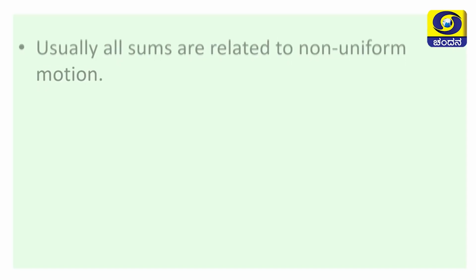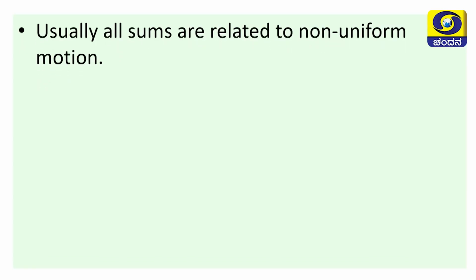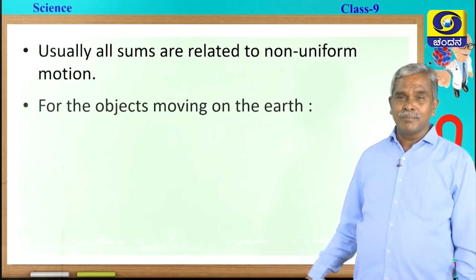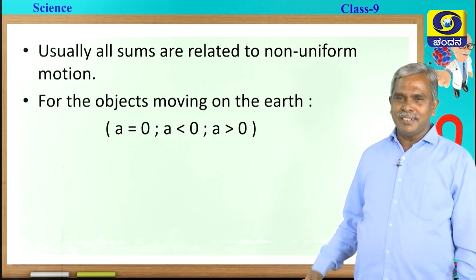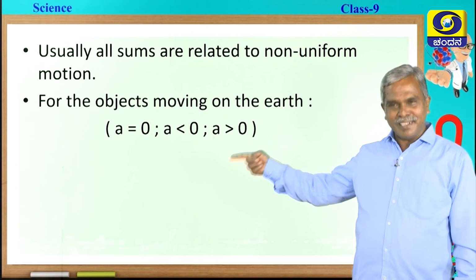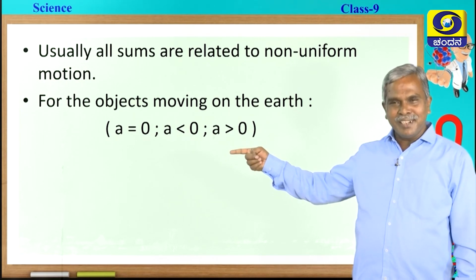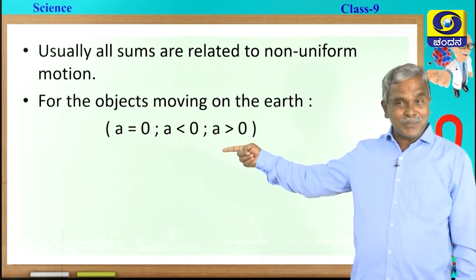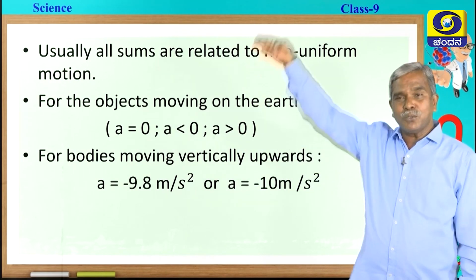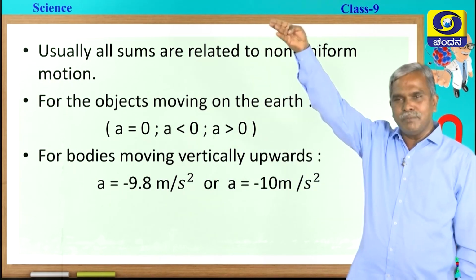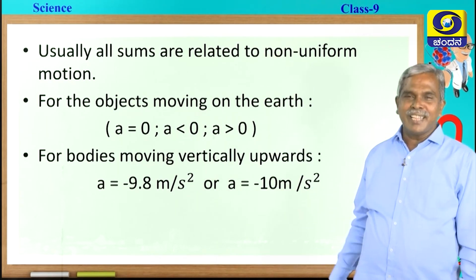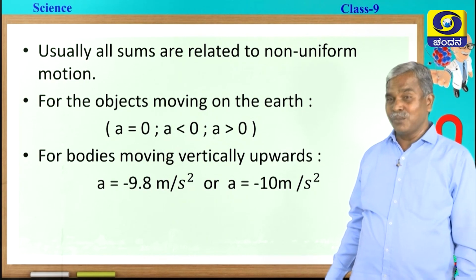Now, let us see the second point. Usually all the sums are related to non-uniform motion. Next, for the objects moving on the earth, the acceleration may be equal to 0, it may be less than 0 or even it may be greater than 0. Next, if a body is moving vertically upwards against gravity, the acceleration due to gravity, that is small g or small a, is equal to minus 9.8 meter per second square.